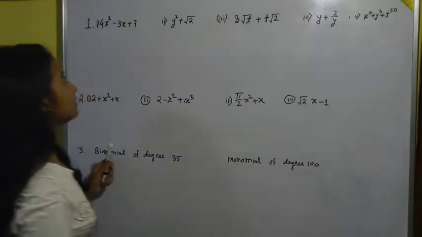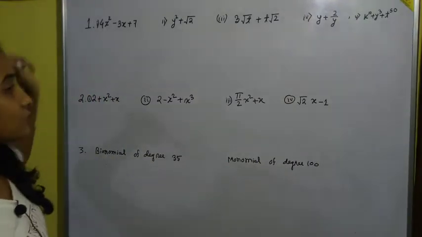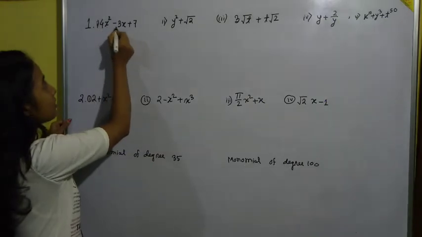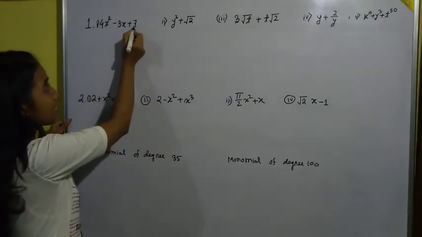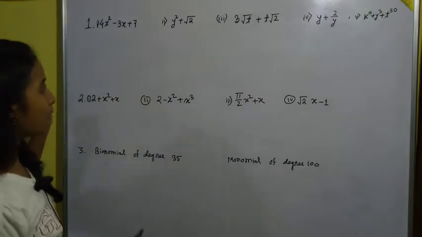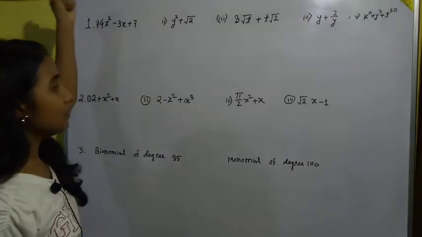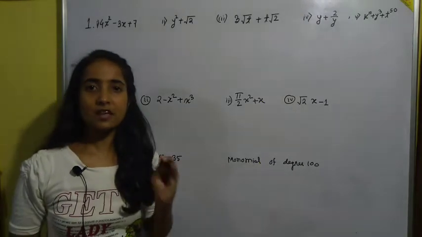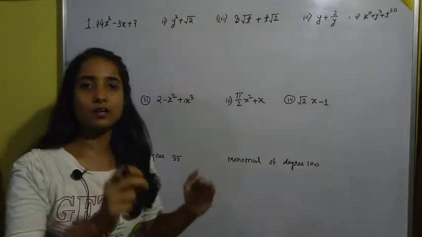Now see the first expression. The first expression in question number 1 is 4x square minus 3x plus 7. Is this a polynomial? First of all, you have to check the variables and the power of the variables.